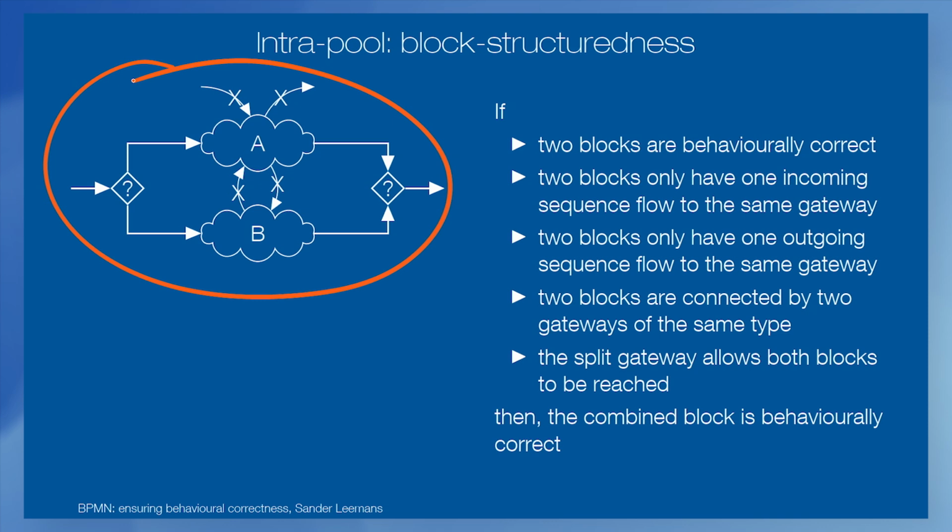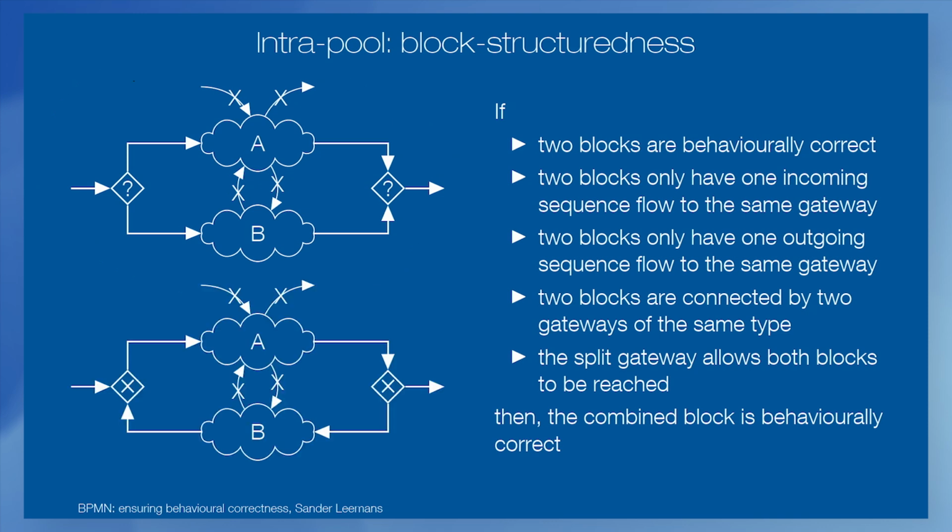A small variation on this is the loop. Notice that here we have two XORs and A is something you always have to do, and then B goes back. This is also behaviorally correct by construction. This is an example of a structure that you can use in order to identify blocks and to divide and conquer your problem.